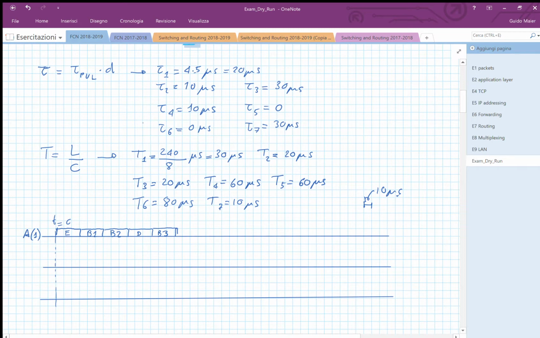Then they are propagating on link number 1, so there is a propagation delay of 20 microseconds. So they will arrive in R1 after a propagation delay of 20 microseconds. I can maybe write this number here, so that we know that from A to R1 we are crossing link number 1.